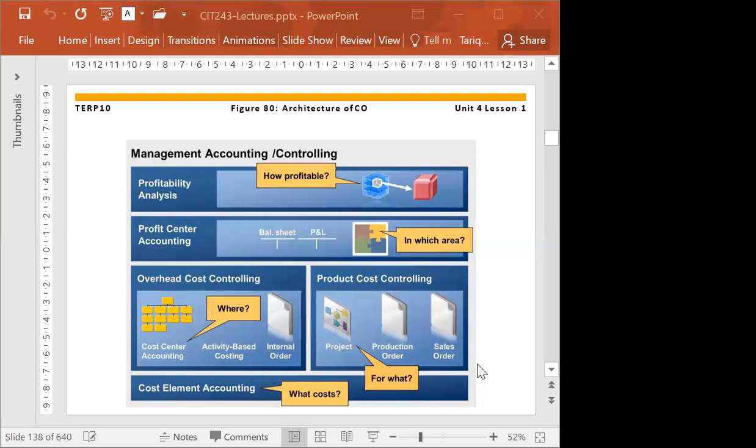What they do is they use the services of a photocopy machine. So photocopy machine we declared as a cost center because it incurs cost: the electricity cost, the paper cost, the toner cost, the salary cost of the employee who is helping us on that photocopy machine. So all those costs are there.